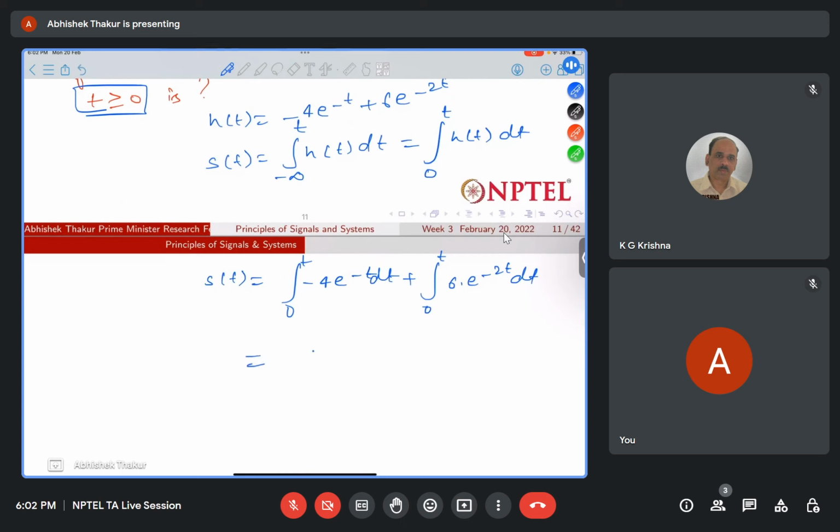We will get minus 4 by minus 1, that is 4 e to the power minus t, plus 6 by minus 2 into e to the power minus 2t, that is minus 3.